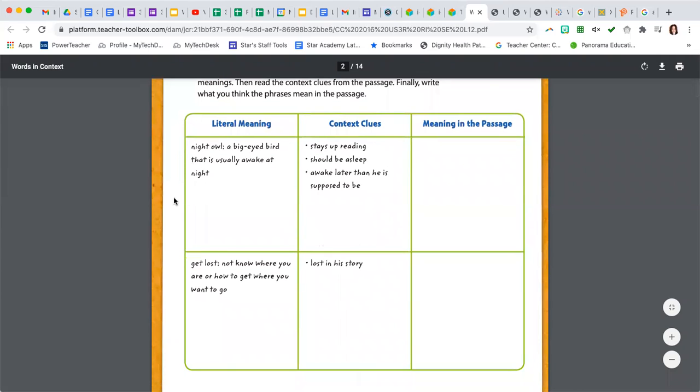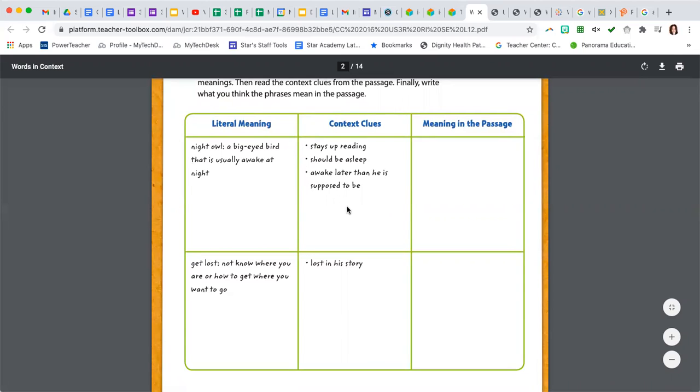So here in this organizer, you have two words and their literal meanings. So you have night owl, and that is, of course, a big-eyed bird that is usually awake at night. And then this phrase, get lost, its literal meaning is not know where you are or how to get where you want to go. And then you are going to be giving context clues.